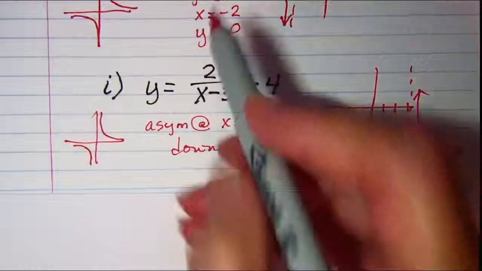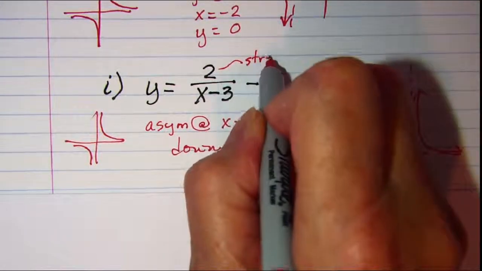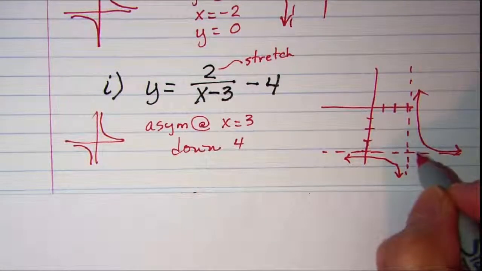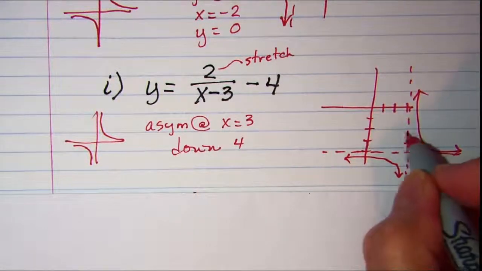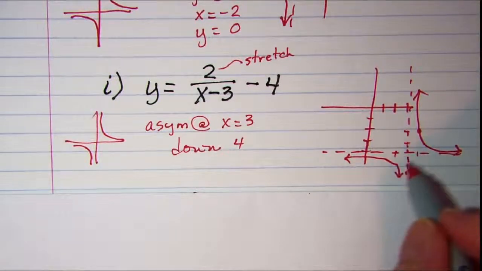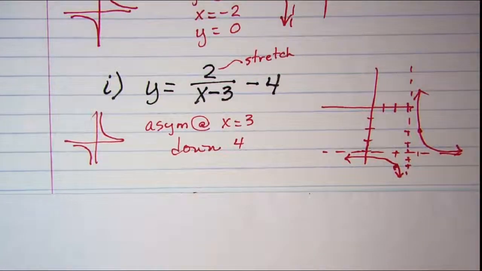Now this 2 is actually a stretch. Since it's 2 times that, I go right 1 and up 2, and that's the point on our graph. Or left 1 and down 2, and that's the point on our graph, if you need more accuracy.